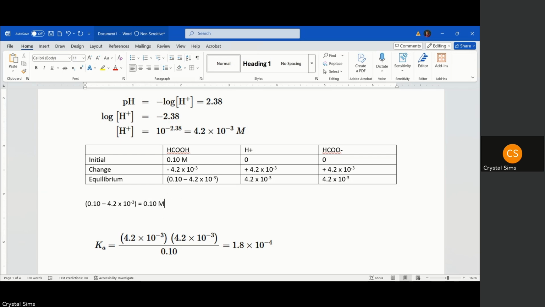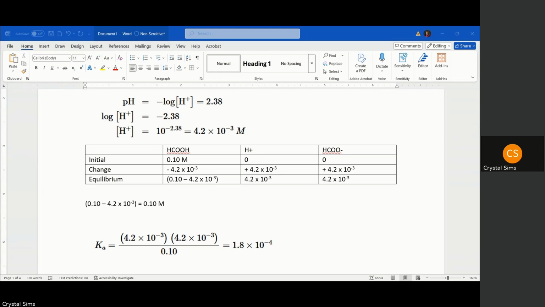We're going to see an example here in just a minute where when you just do this assumption, it causes your amount to be greater than 5% of the initial concentration. Then we have to use the quadratic formula. You can use the quadratic formula on every single one of them, but it's tedious, it's cumbersome.